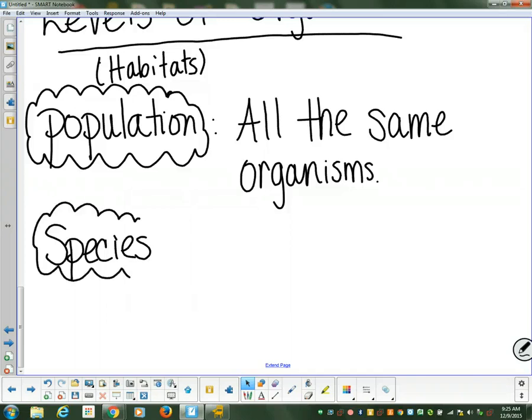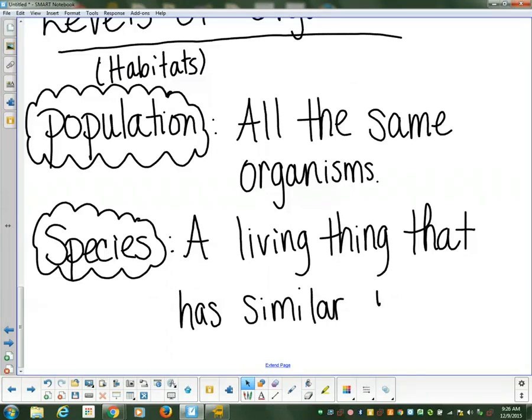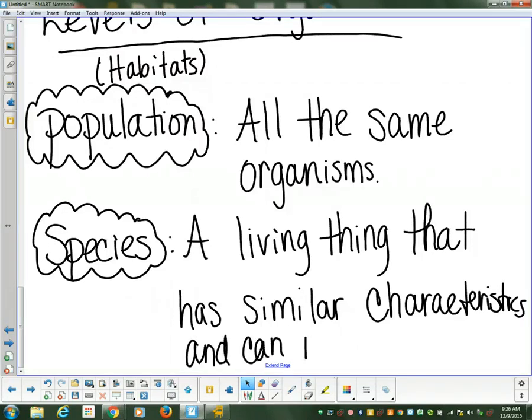We said an organism is a living thing, but a species is also a living thing that has similar characteristics and can mate with each other.